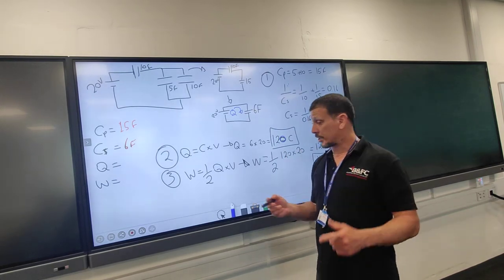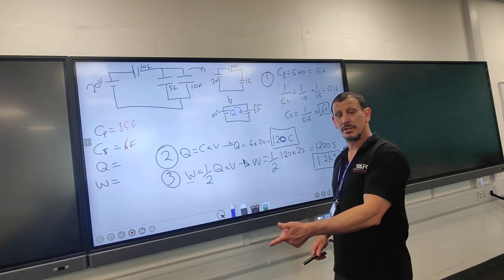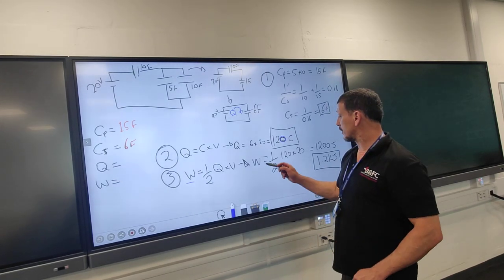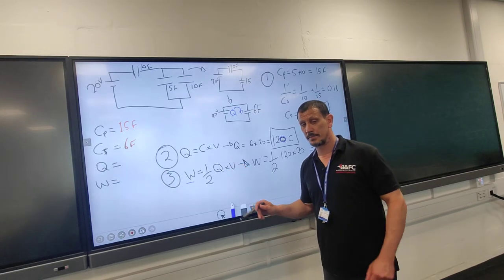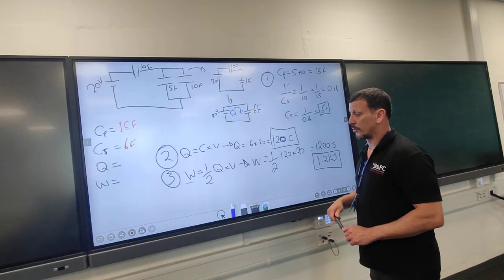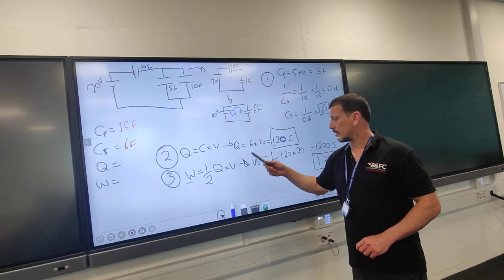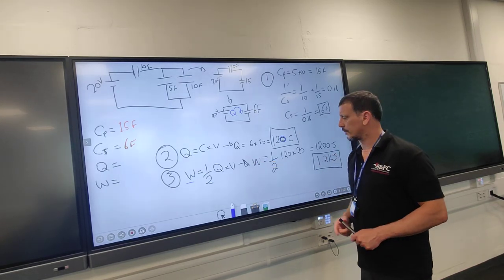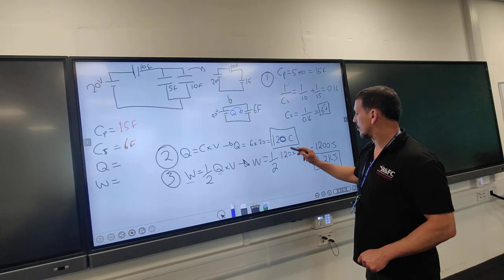Now the next question asks, what's the energy stored in this capacitor? We just did a question with energy stored in an inductor. So the energy stored in the capacitor is just half of the charge times the voltage, whereas for an inductor it is half of the inductance times the current squared. Now, charge, we worked it out, is 120.